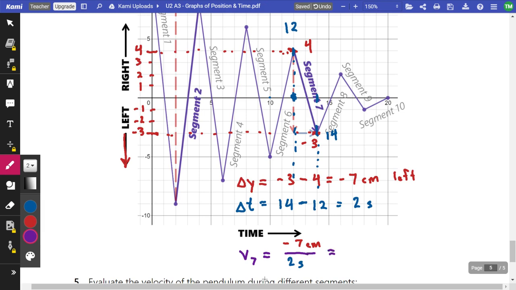And if you plug this into a calculator, -7 divided by 2 should give us negative 3.5 centimeters per second.